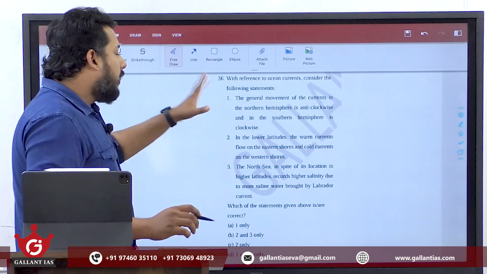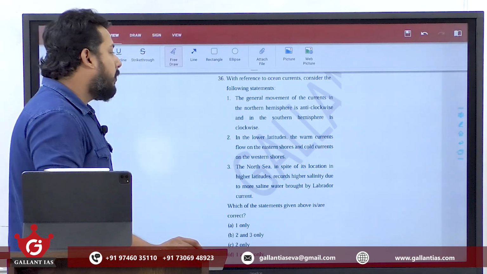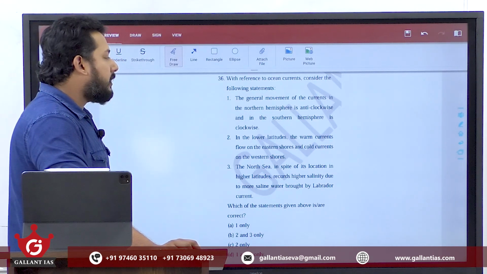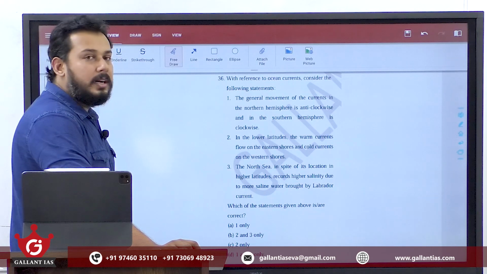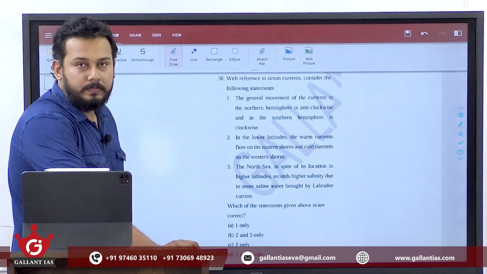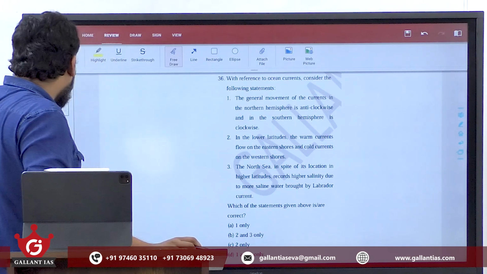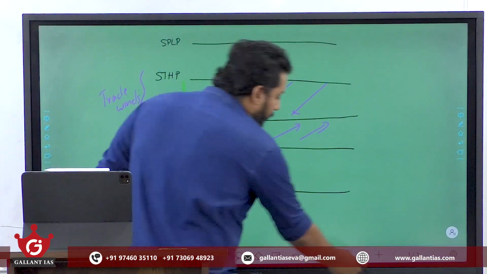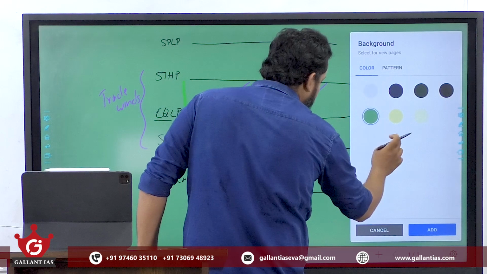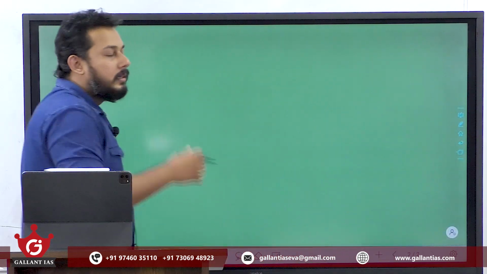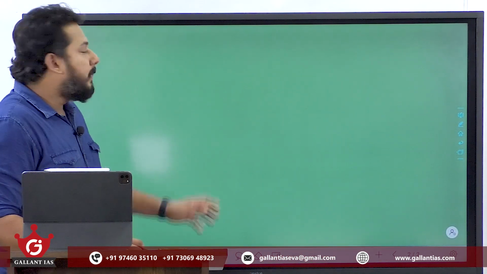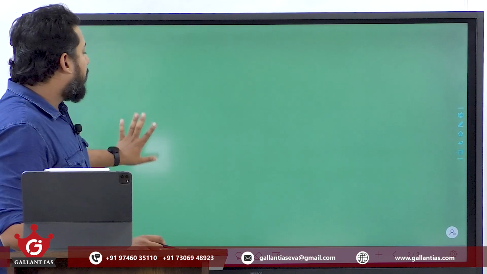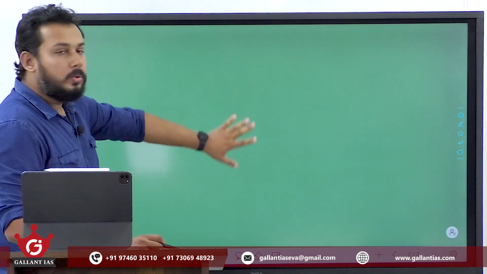So here the first statement says that the general movement of current in the northern hemisphere is anti-clockwise and southern hemisphere is clockwise. If you are considering the flow of ocean currents, let's consider the ocean currents between North America, South America and Europe, Africa.